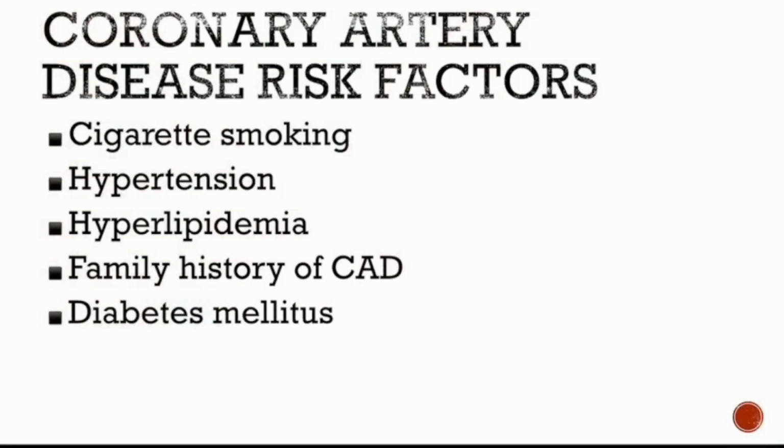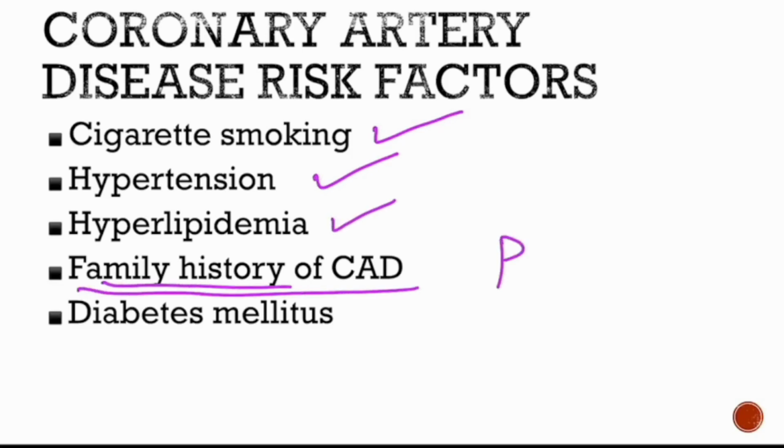In addition to this, the past history should include the major cardiac risk factors, because we know that coronary disease is one of the major causes of mortality and morbidity, and you should think about the risk factors for coronary disease, especially the modifiable risk factors. They are cigarette smoking, history of hypertension, dyslipidemia, and family history of premature CAD.